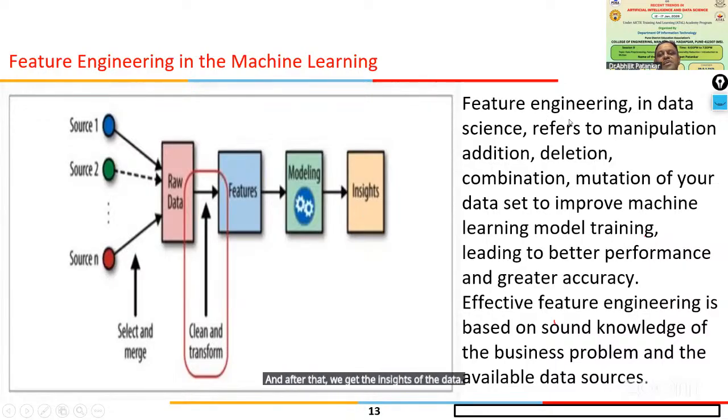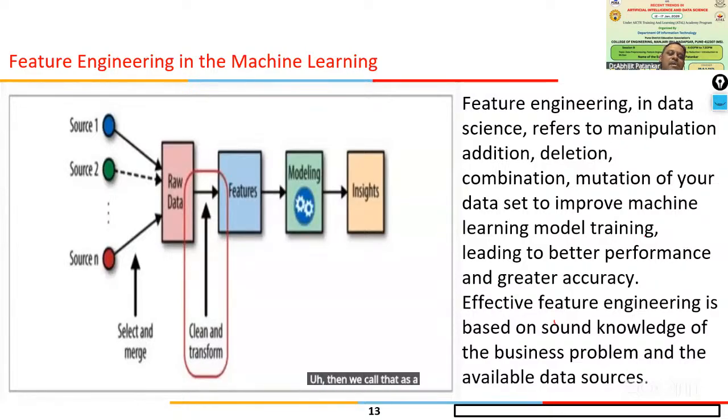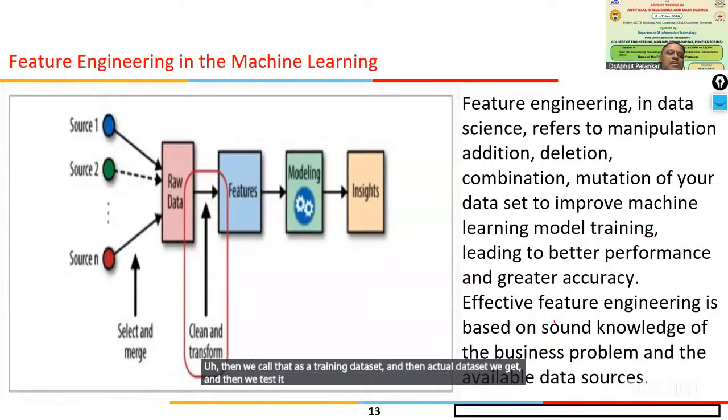Now, feature engineering in data science refers to manipulation, addition, deletion, combination, mutation of your data set to improve the machine learning model training. Now you know, everyone, what is the training? We train the model, then we call that the training data set, and then we get the actual data set, and we test it, we call it test data, and then we verify whether as per the training model, the test data is working or not.